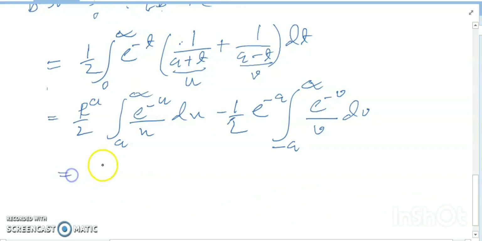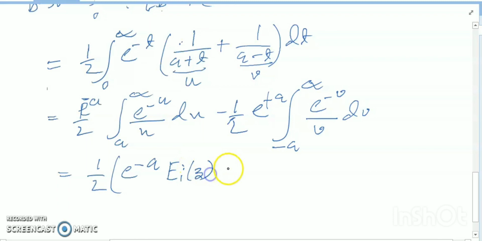So friends, whatever I get, one half e to the power minus a, and this function can be written as e to the power minus a Ei(a), minus e to the power a Ei(minus a).